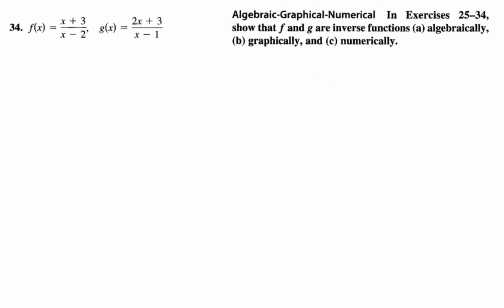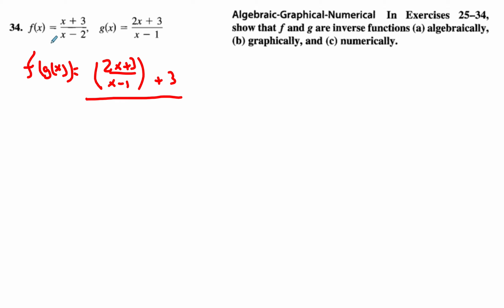Same thing, different functions. I'm going to go ahead and find f of g of x. I'm going to redo that. F of g of x would mean I'm going to take g of x, which is 2x plus 3 over x minus 1, and plug it in, so that means I'm going to add 3 over, well, I'm going to have that again because I have these two values of x here, 2x plus 3 over x minus 1 minus 2.